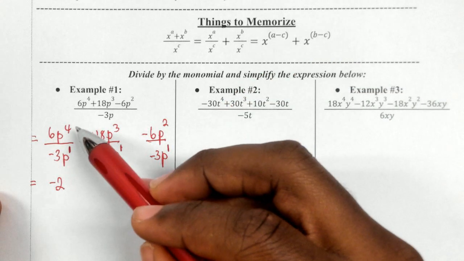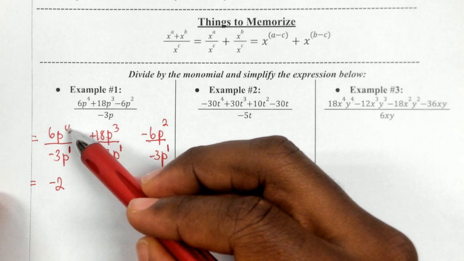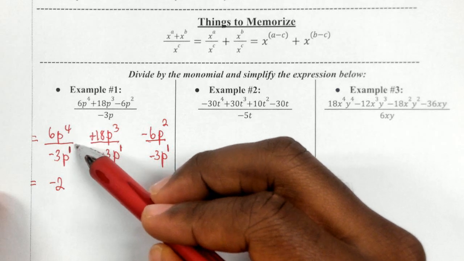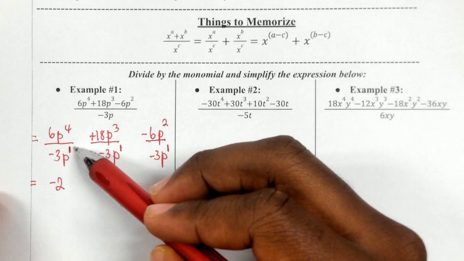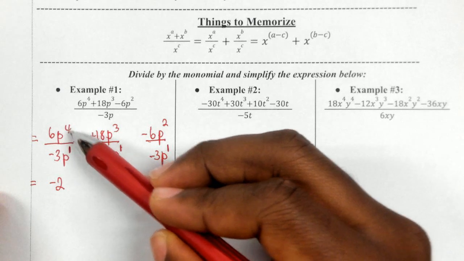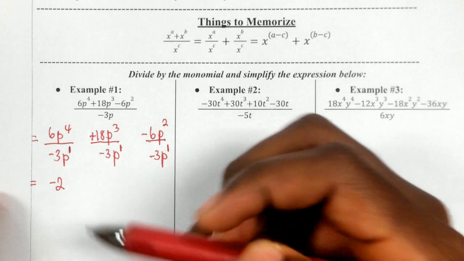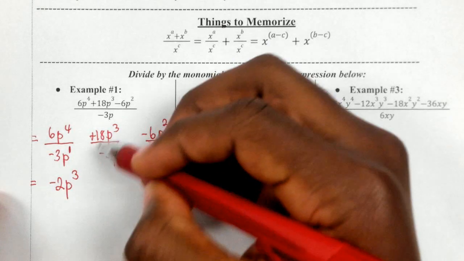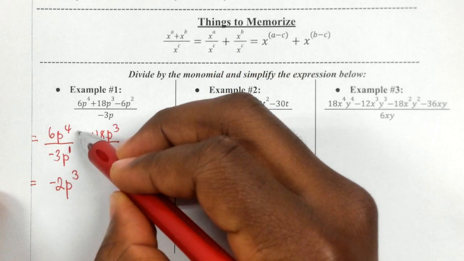Whenever you're dividing variables that have the same base, you subtract the exponents. Or you can ask yourself, I have 4 p's, I'm taking away 1, so I'm left with 3. And I'm all done with that term.